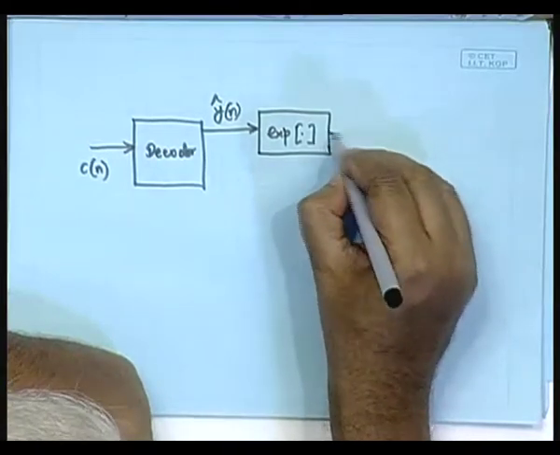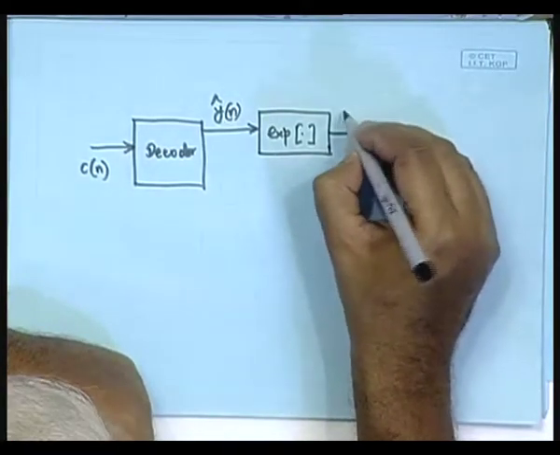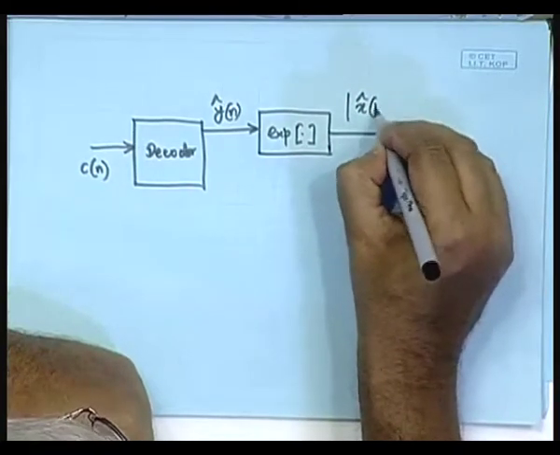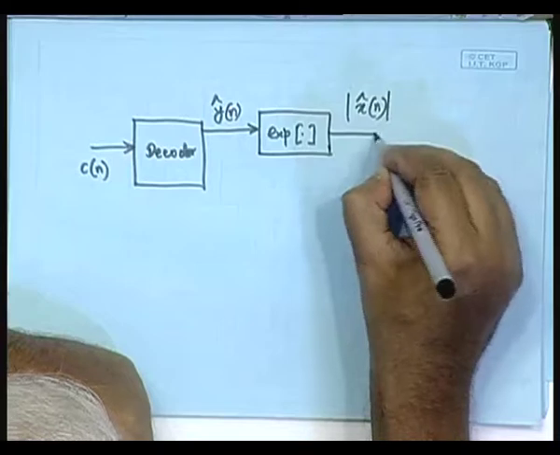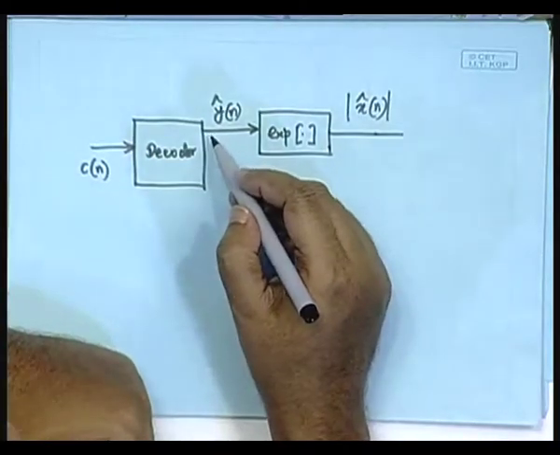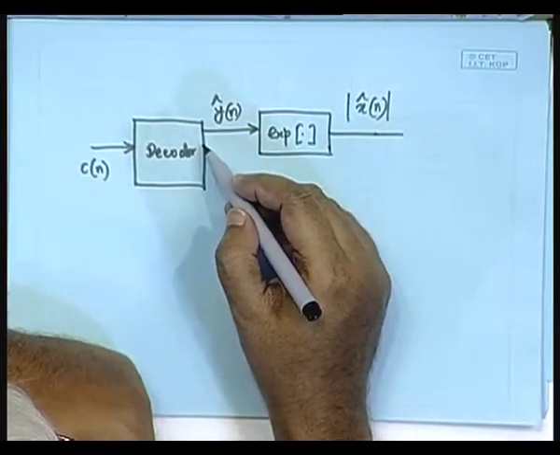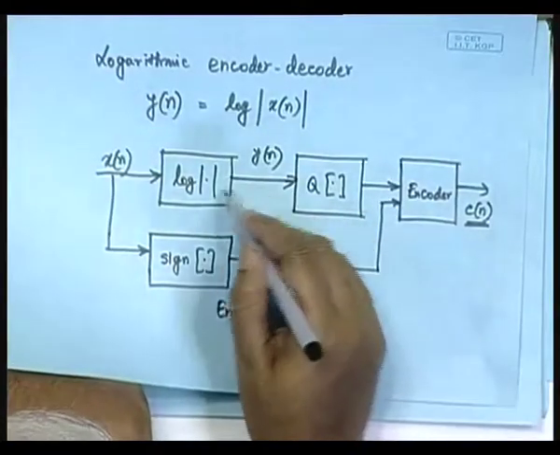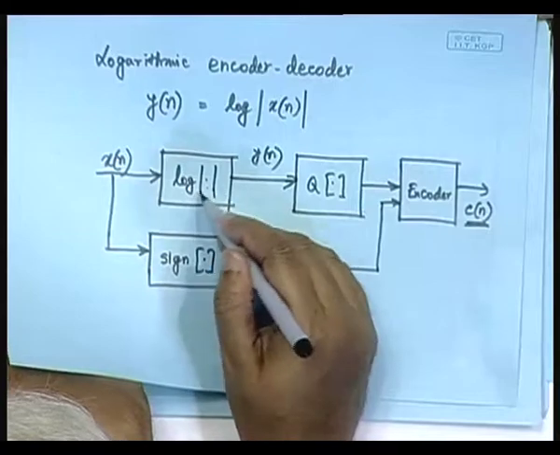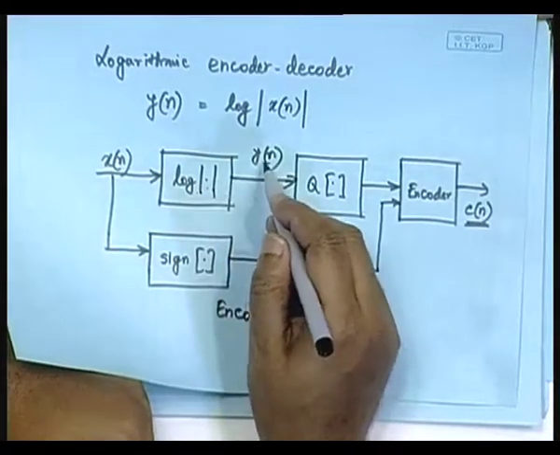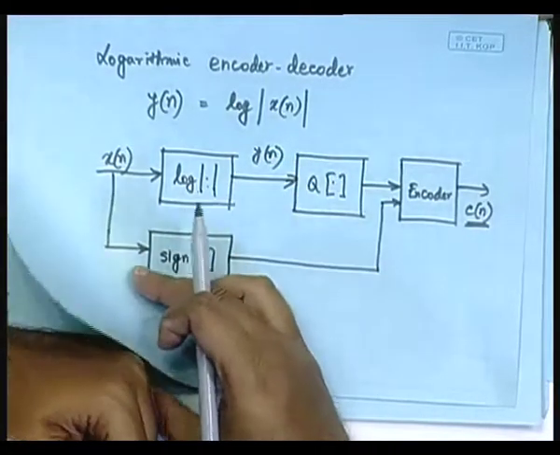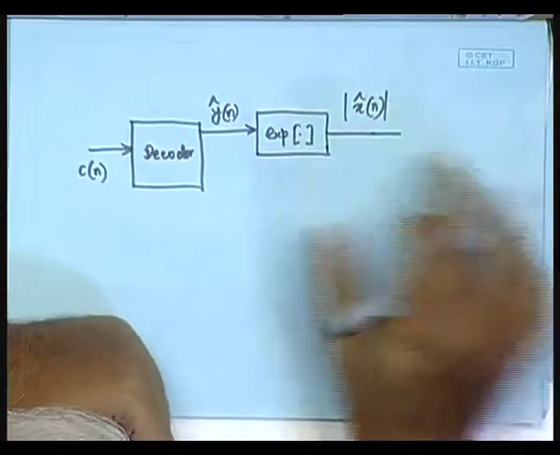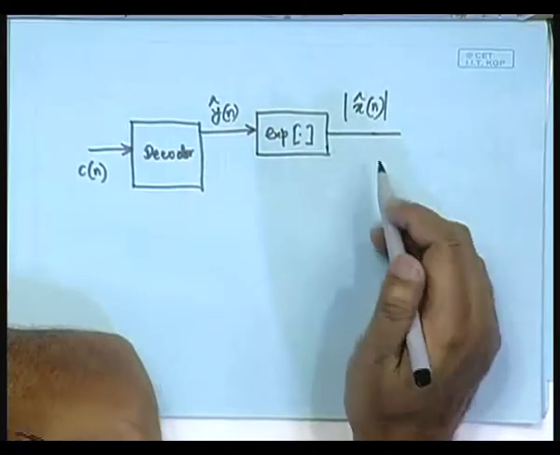The exponential of this helps you to get back the mod value of x of n. Because this y of n is definitely the mod value, as we already saw for the encoder part, that the magnitude of x n is already taken, and over that the logarithmic transformation has been applied. So, here also we get mod of x cap of n.